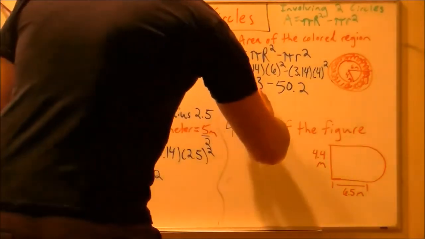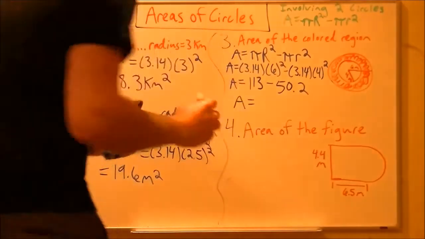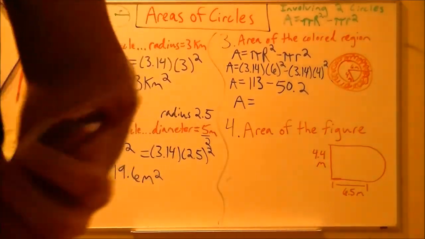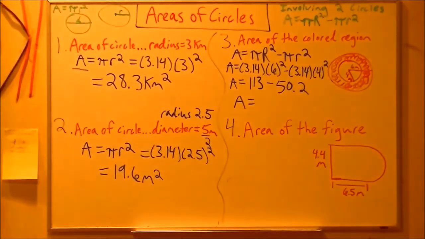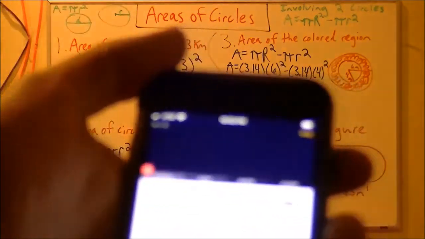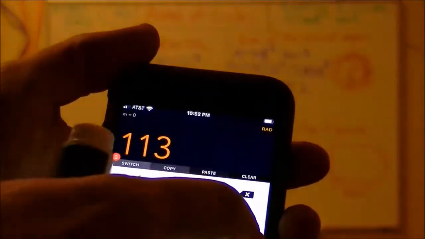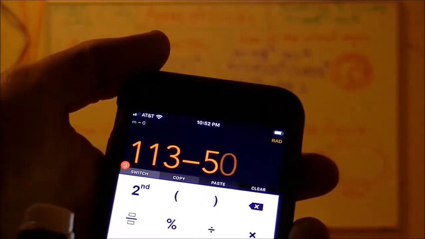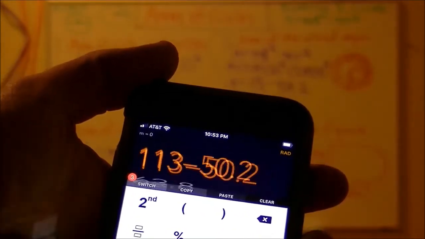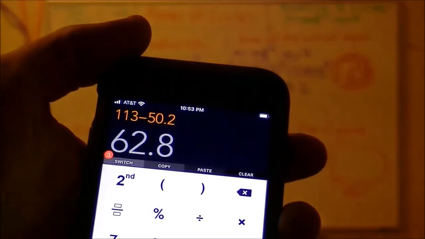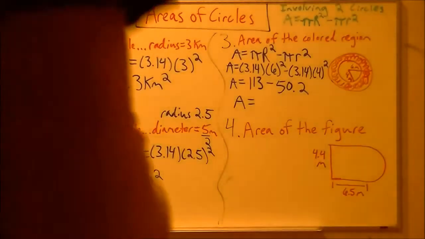50.2. Easy peasy lemon squeezy from here, guys and gals. All I do is just subtract now. Simplest of all math. 113 minus 50.2 equals 62.8.